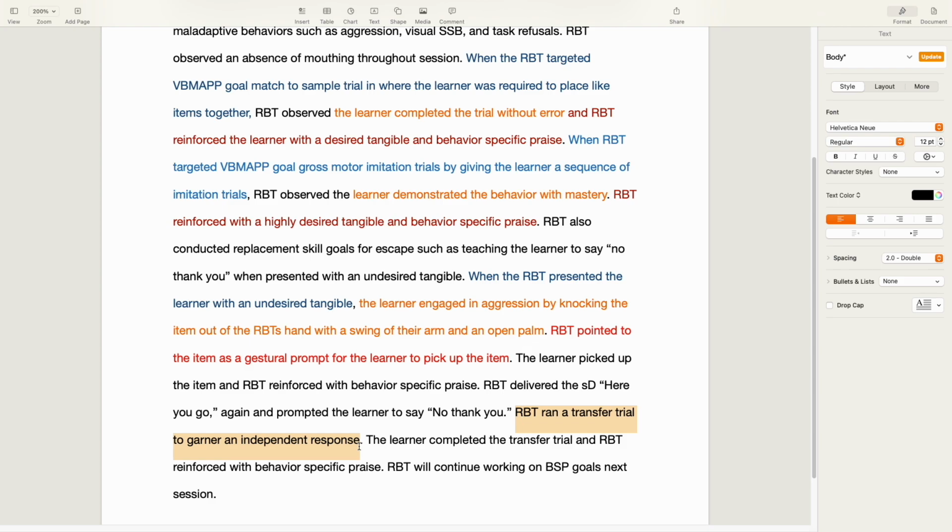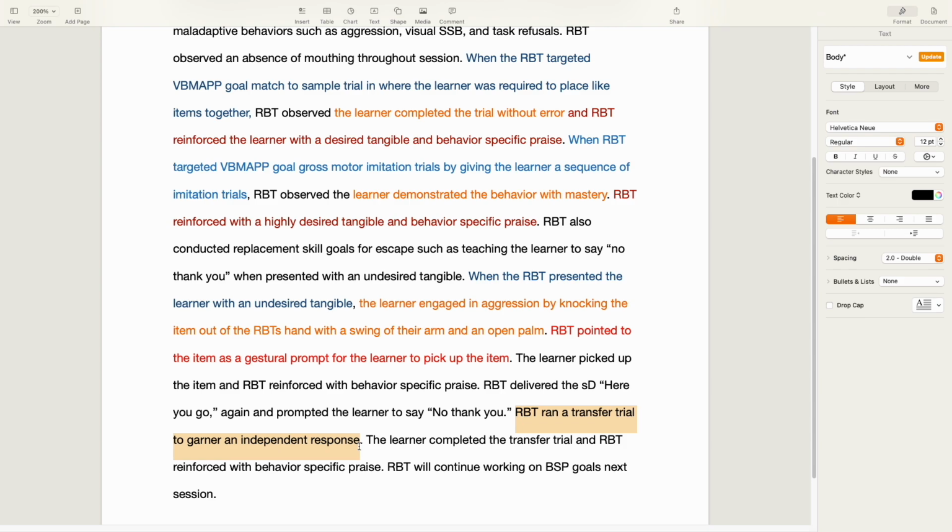You always need to end your trials with an independent response. Whether it's them giving you an independent response for the trial you're trying to run, or if they're just simply not understanding or not able to demonstrate the behavior you want them to do at that moment, you're gonna end that trial with something called a maintenance trial, which is by asking them to do something they already know how to do so that you can reinforce them and keep moving forward.